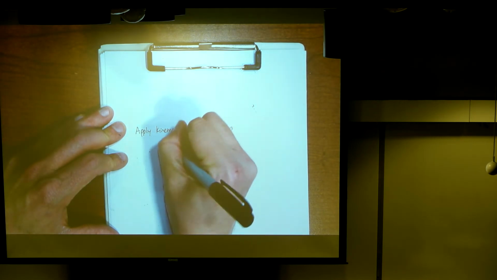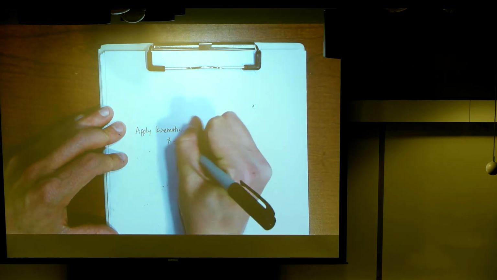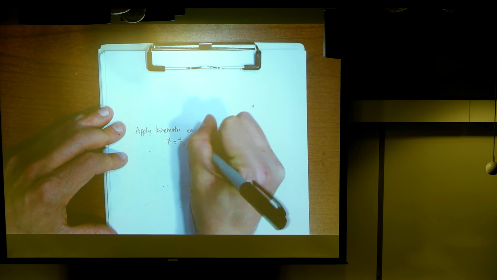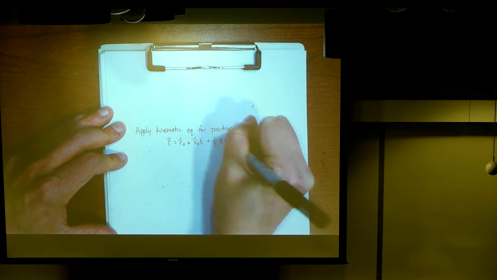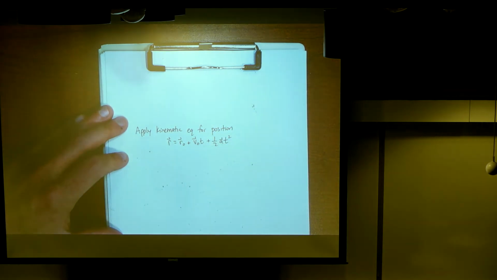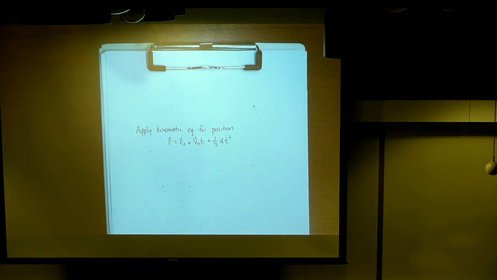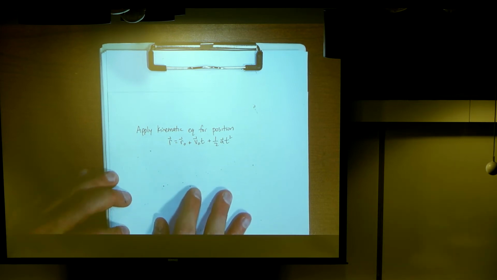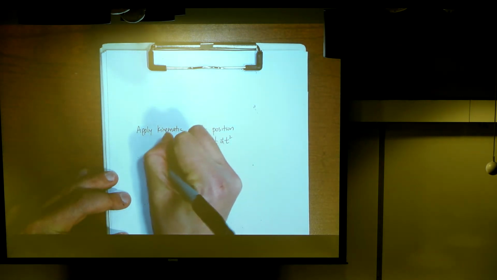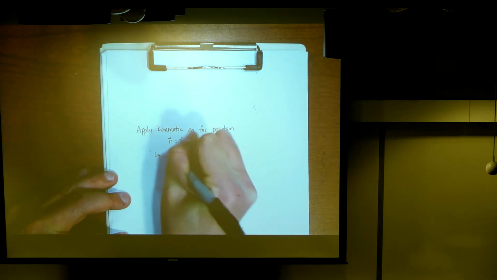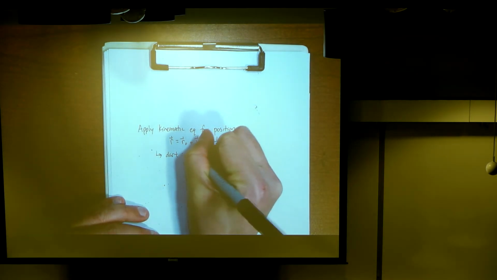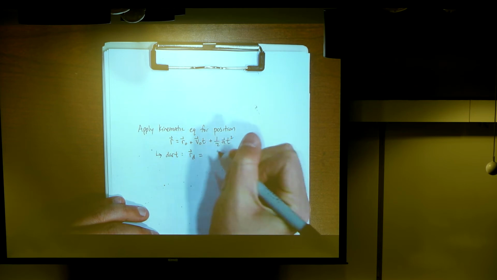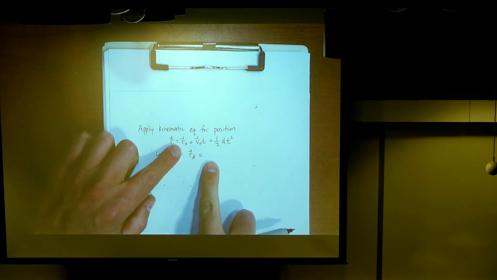So this says R equals R0 plus V0 times T plus 1/2 AT squared, where position, velocity, and acceleration are all expressed as vectors, okay? And what I'm going to do is separately apply this equation to the dart and to the monkey. So let's do it to the dart to start off. This says the position of the dart equals, what's my initial position, just the way I set up the problem?